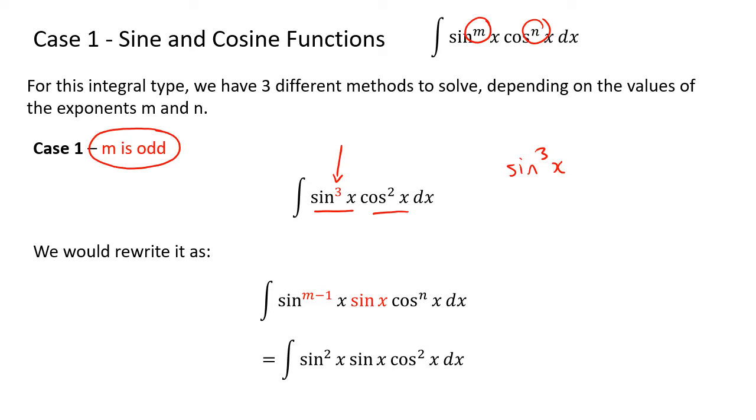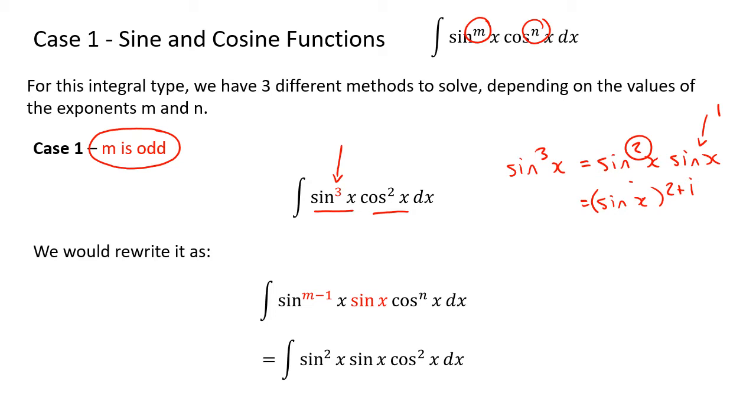Well, we can write that as 2 sine functions multiplied together, in other words, sine squared of x times sine of x. Because if you were to multiply these 2 together, you would get sine of x to the exponent 2 plus 1. When it doesn't have an exponent, you assume that it's 1.